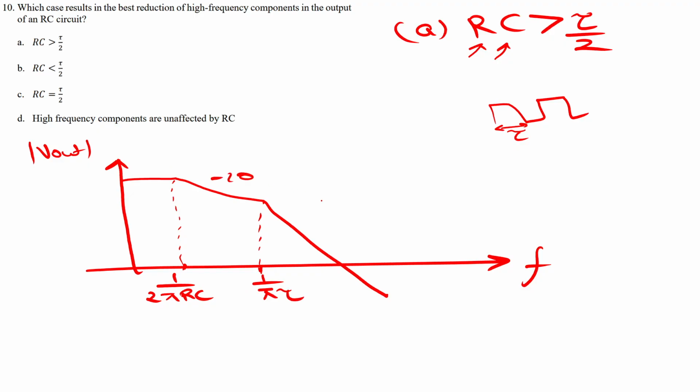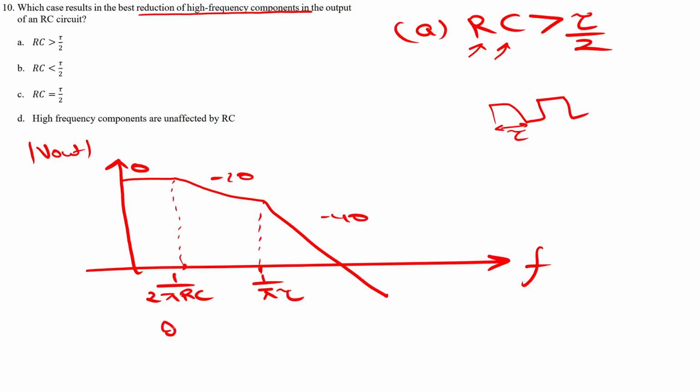So it's minus 20, it's minus 40. So for the reduction of high frequency components, our aim is to reduce the high frequency components. If we want to reduce it, we can have R and C which is much greater. What will happen if R and C is greater? It can shift more toward the left hand side.